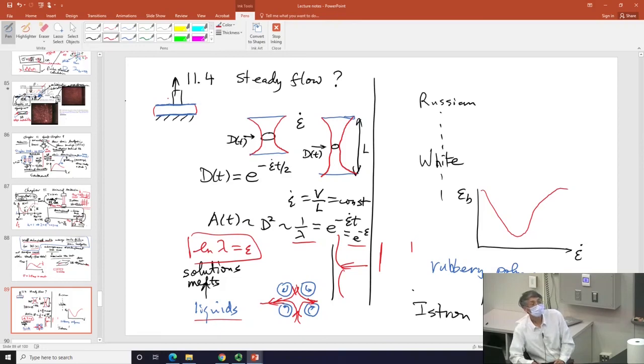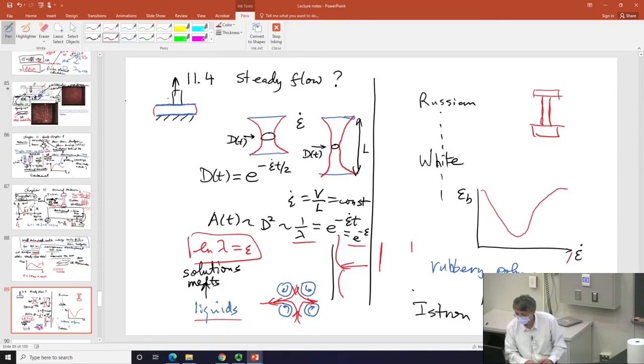What's different compared to this way, with the Instron holding the samples? What's different? Or I probably should ask you differently.